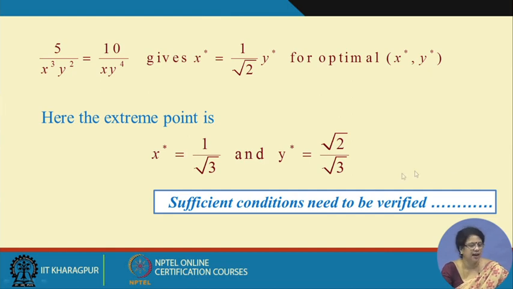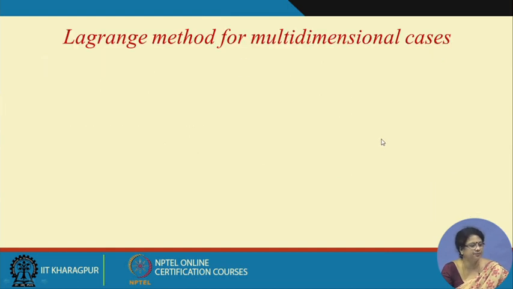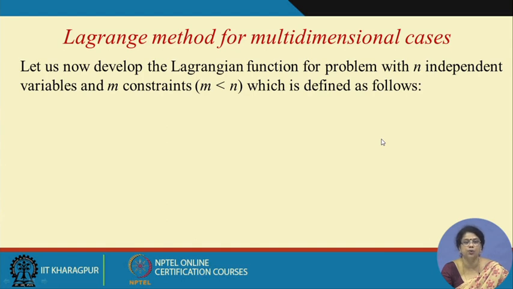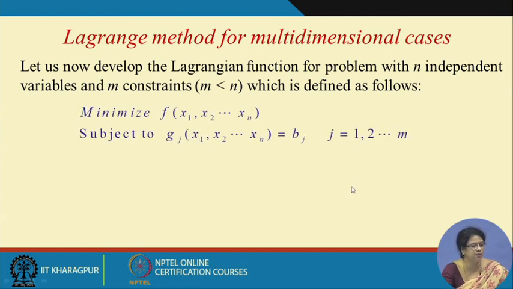With that I am concluding today, and in the next class we will deal with the Lagrange method for multidimensional cases, where we will have several constraints, all of equality type, and we will see the Lagrange multiplier method there.